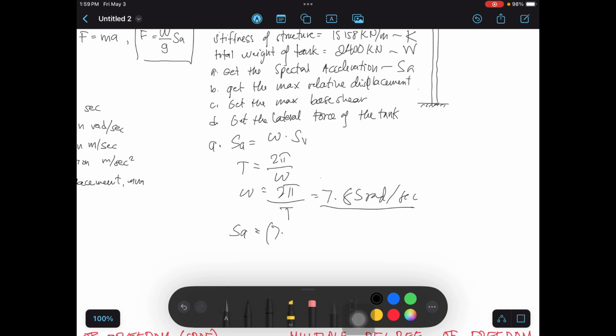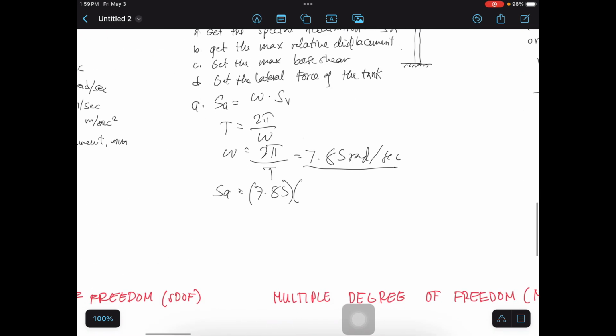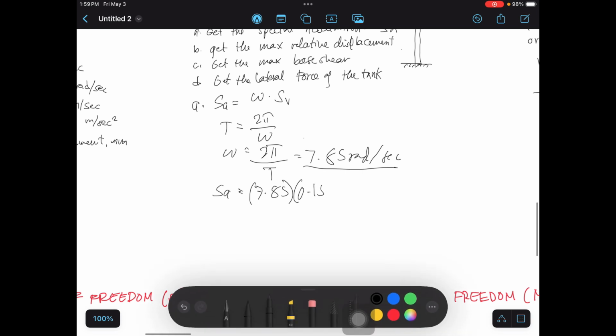So, we get the value of SA, dahil given naman si SV na 0.15. So SA is equal to 1.18 meter per second squared. So since SA is expressed in terms of G, kaya i-divide natin siya ng 9.81 because G is acceleration ng gravity, 9.81.